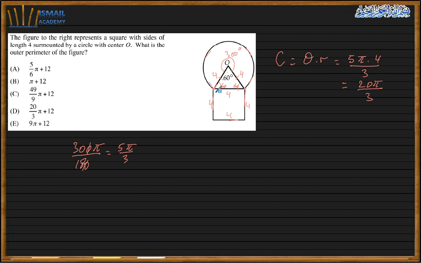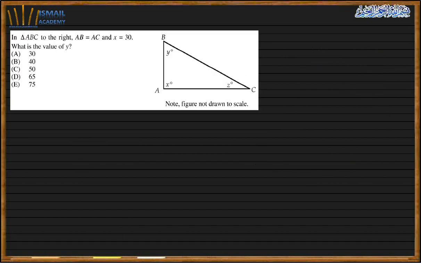Outer is 4 plus 4 plus 4, which is 12, plus 20 over 3 is the answer. I hope it's clear. Next question.